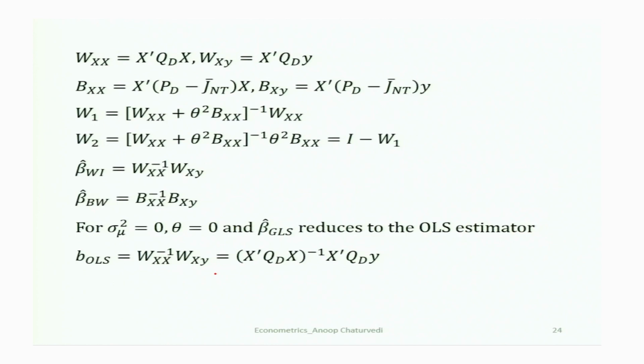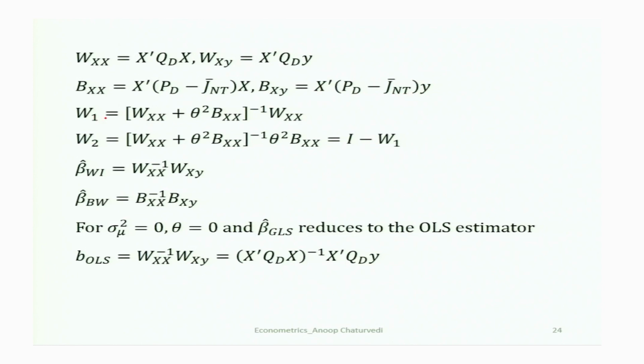Here the expression for W_xx is x transpose Q_d x, the expression for W_xy is x transpose Q_d y. Then B_xx is equal to x transpose (P_d minus J bar nT) x, and B_xy is equal to x transpose (P_d minus J bar nT) y.